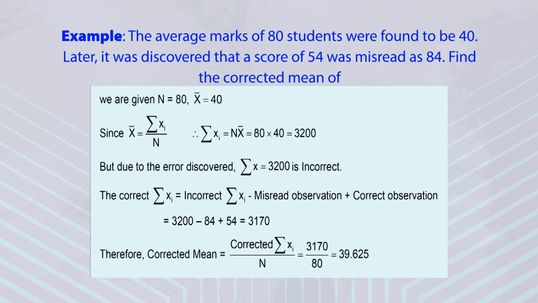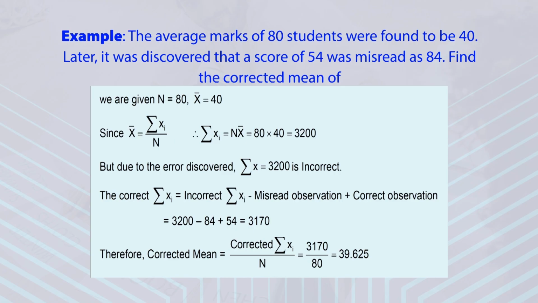So, first of all, in this kind of problem we obtain the sum of the incorrect observations, that is summation of xi. Here in this problem we have got the incorrect sum of xi as 3200.